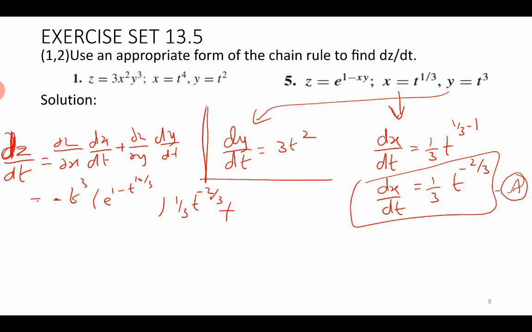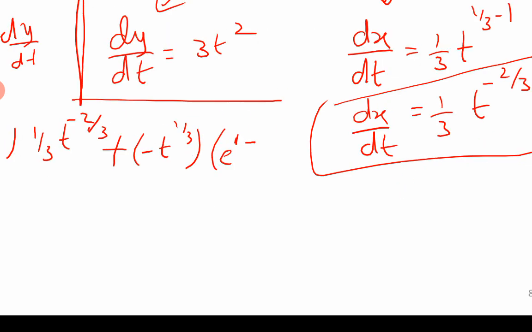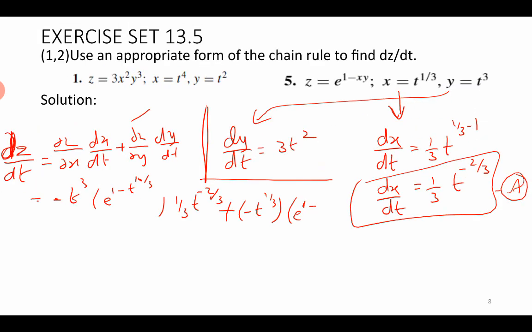Next term, dou z over dou y is negative t raised to 1 by 3 e raised to 1 minus t raised to 10 over 3. Okay, and multiplied by the last term dy by dt.